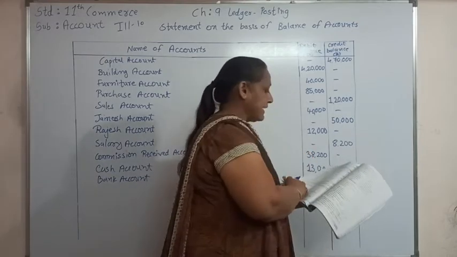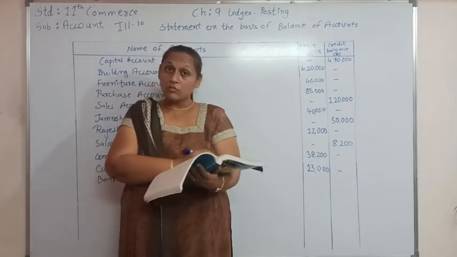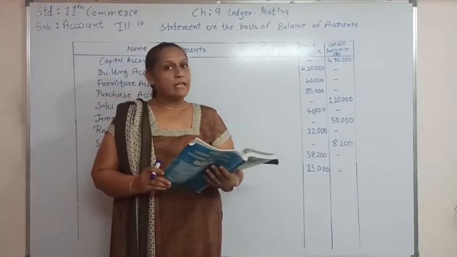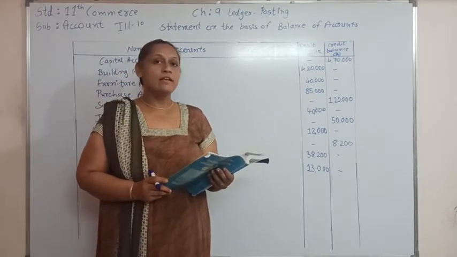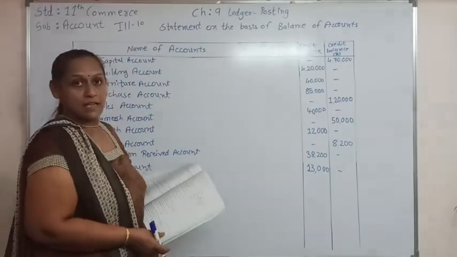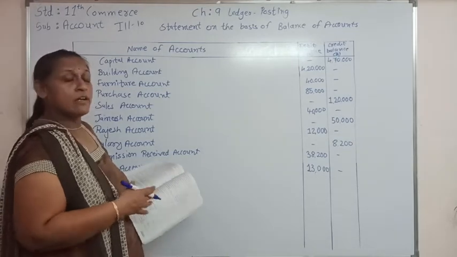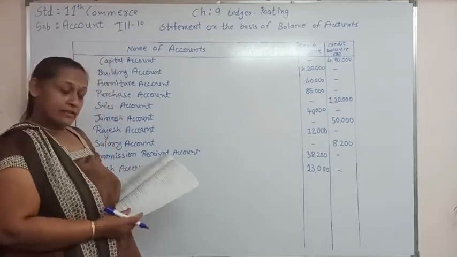And the last one is the Ronak Furniture Mart account. For the Ronak Furniture Mart, we can see that both side totals are equal. So that account is called a squared up account or settled account and it has no balance. If you want to write it down in a statement, we can write it down. Otherwise, we can leave it because there is no amount in that account.